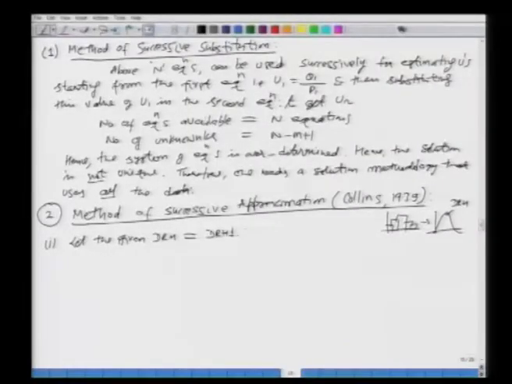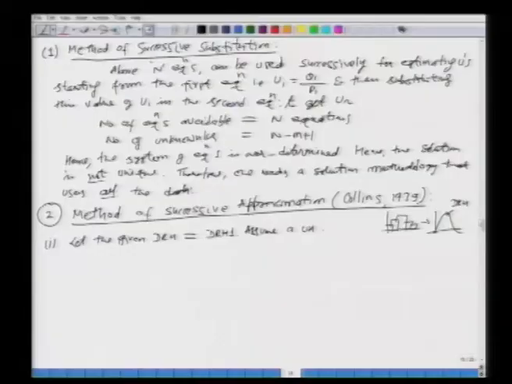Then we assume a unit hydrograph. We assume some ordinates of the unit hydrograph. It can be arbitrary, it can be the result of the previous method. We can use the method of successive substitution and get the initial guess or the initial ordinates.